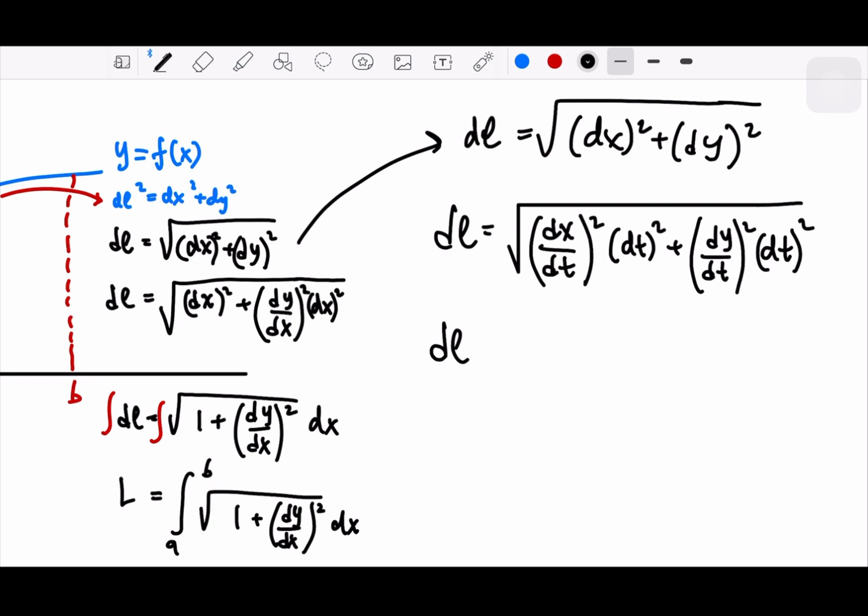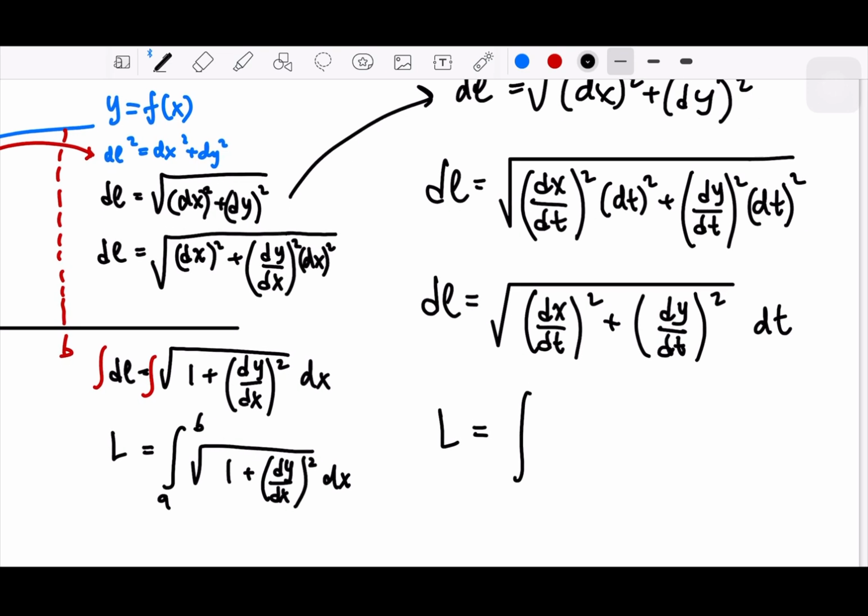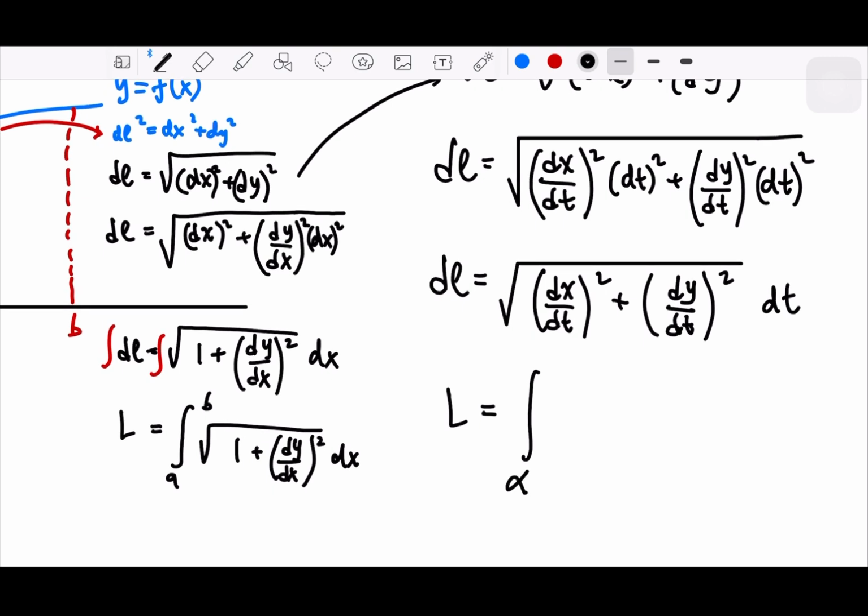Now we have dL, and then dt, like that. And then we can have the arc length in total. Let's say we have alpha, beta. We can trace the function with variable t from alpha to beta.